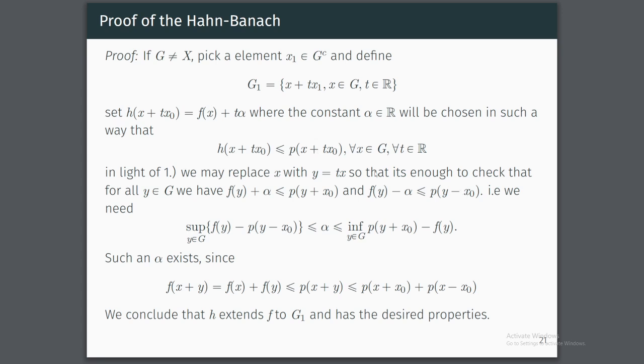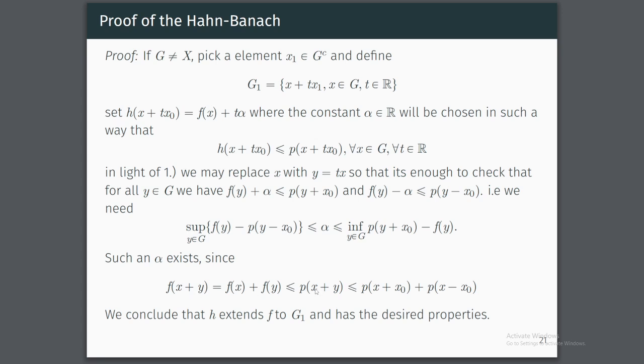Okay? We need to study two cases here. So what do we need? We need essentially alpha. If we remove it here, alpha is an upper bound for this quantity. We need alpha to be greater than the supremum of this quantity and less than the infimum of this quantity if you take f of y to this direction. Okay? This alpha will exist pretty much from the sublinearity of p of x, right?